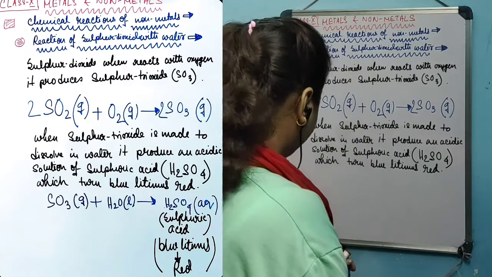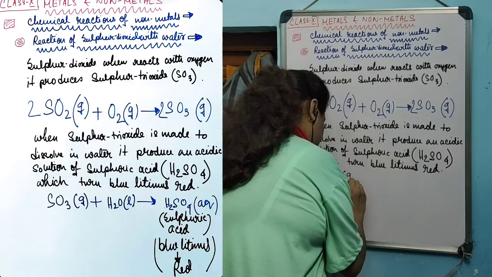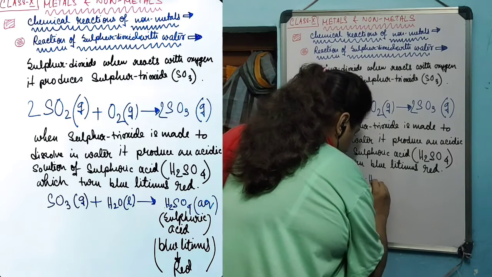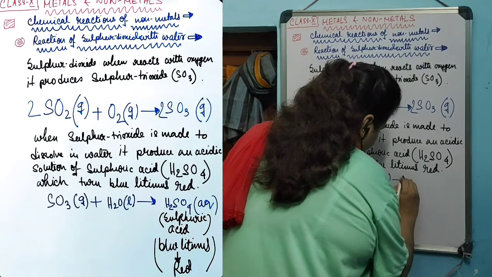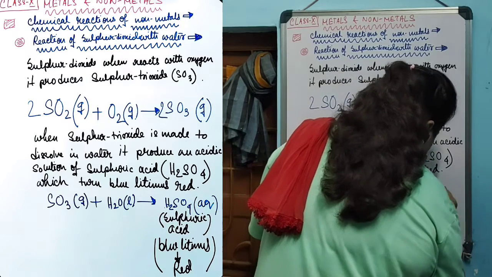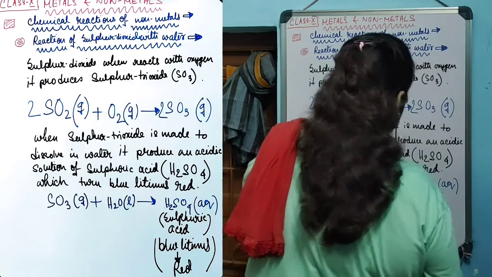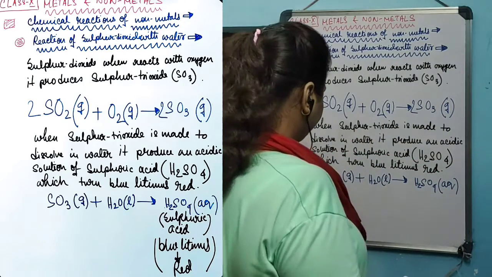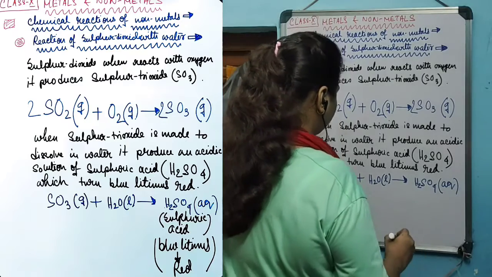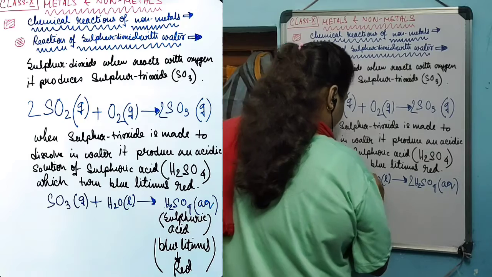What will be the chemical reaction? SO3, which is gaseous in nature, dissolving in H2O, which is liquid in nature, produces H2SO4 in aqueous solution.